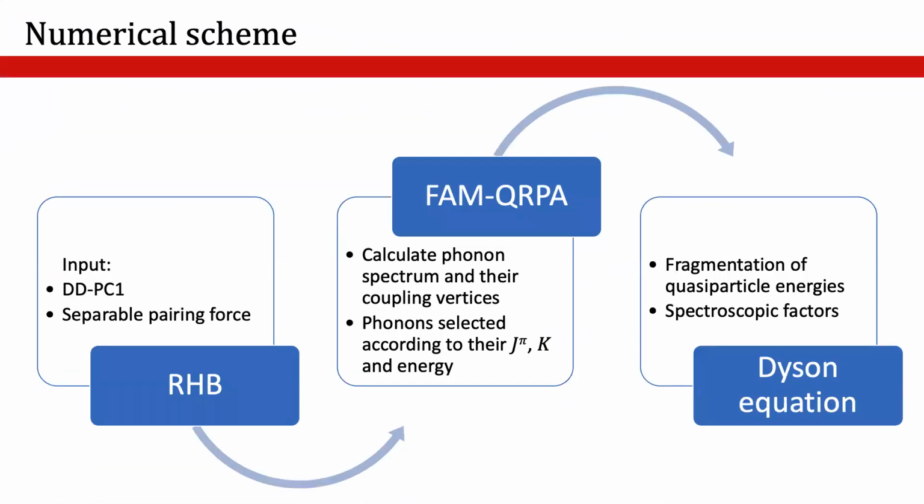And in this slide, I will introduce our calculation. Our calculation has 3 steps. The first step is solving the relativistic Bogoliubov equation in a self-consistent way to obtain the quasi-particle basis. In our calculation, we use the density-dependent point coupling 1 interaction and the separable pairing force. Here, I want to mention why we use a density-dependent point coupling interaction.